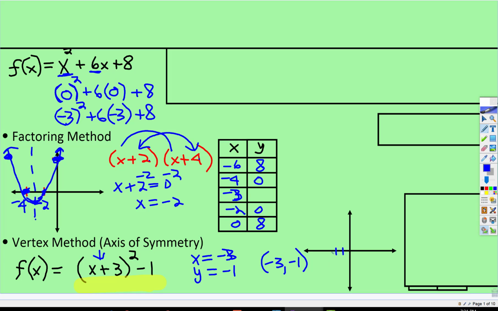So right there, we know that if that's the vertex, that means that this will be the axis of symmetry. So if I put 2 values over here into a table, 2 values over here into a table, we're going to know about what that graph looks like.